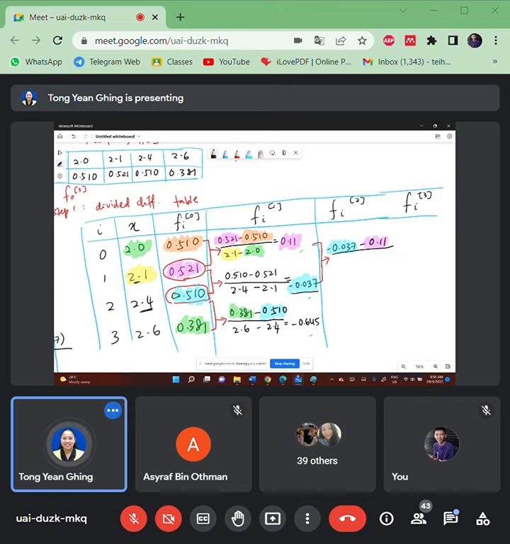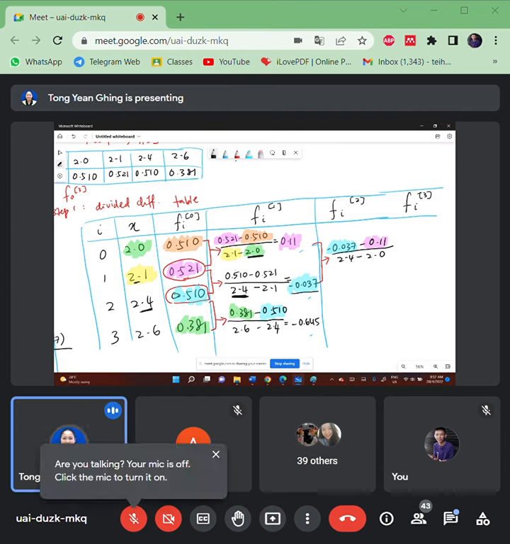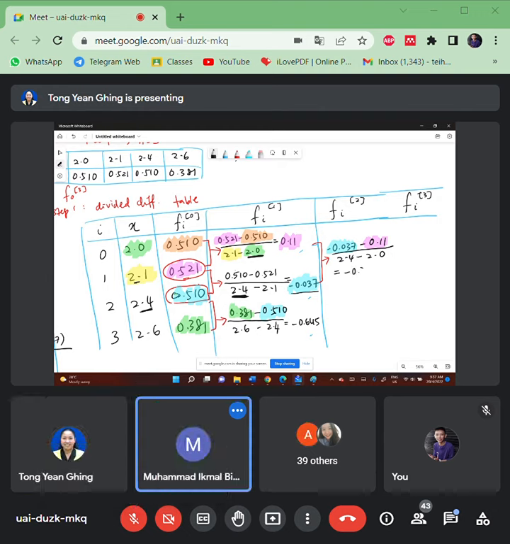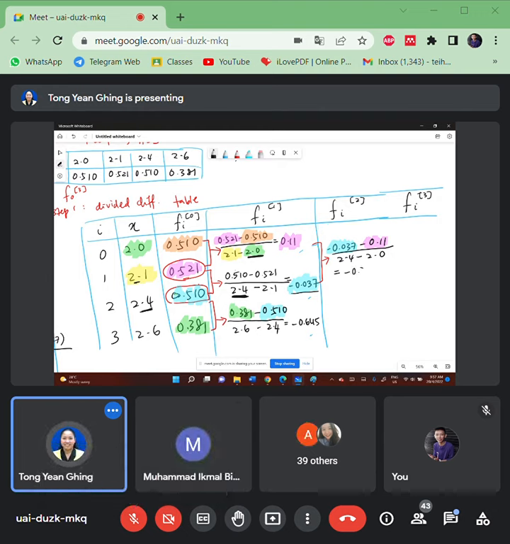So divide by, kat sini okay, kalau susah awak nak identify from where to where, basically you can look at this one. Yang sebelum ni daripada 2.4. So here 2.4 minus here 2.0. Ambil yang last yang atas yang refer tu. So what do you get? Negative 0.49.